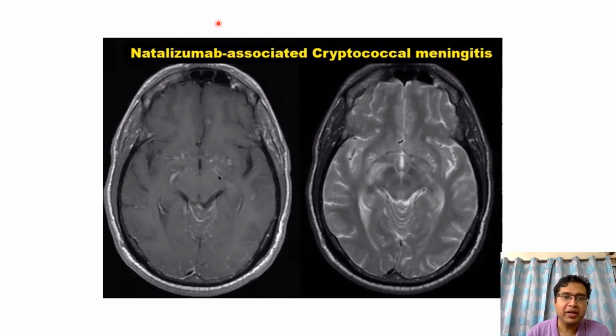Now another such complication of natalizumab is cryptococcal meningitis, which on these T1 weighted images is seen as enhancing VR spaces. Enlarged VR spaces are seen in the bilateral capsuloganglionic region in these T2 weighted images, and these are enhancing with some leptomeningeal enhancement. This is again secondary to natalizumab treatment in multiple sclerosis, and this patient has developed cryptococcal meningitis.